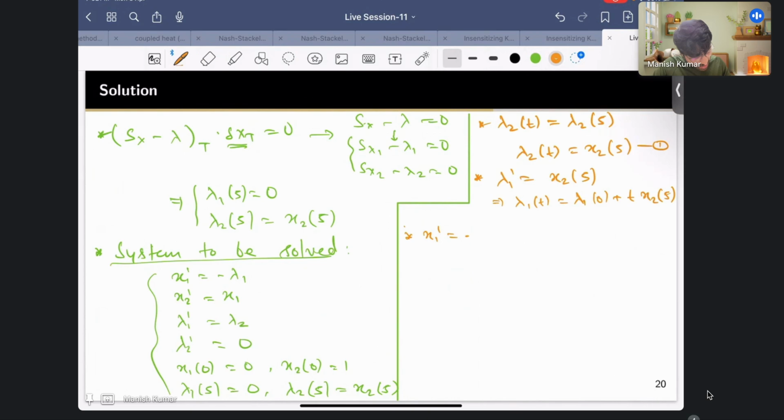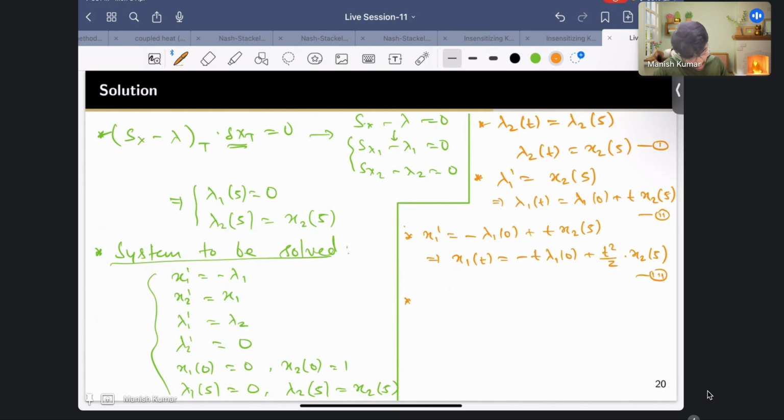So x1 prime is minus lambda 1, which is minus lambda 1 at 0 plus t times x2 at 5. Here I can integrate to get x1 at t is equal to x1 at 0, which is 0, so I am removing this, minus t times lambda 1 at 0 plus t squared by 2 times x2 at 5. So this is the third equation.